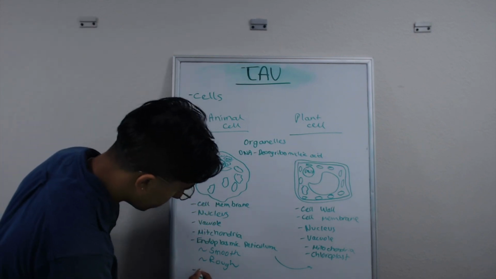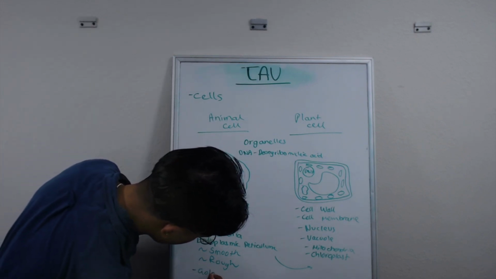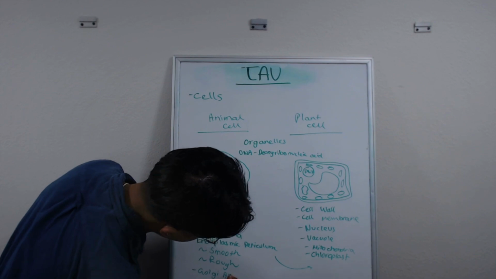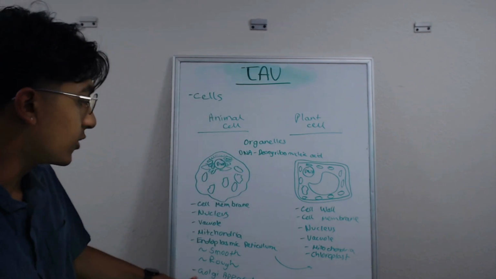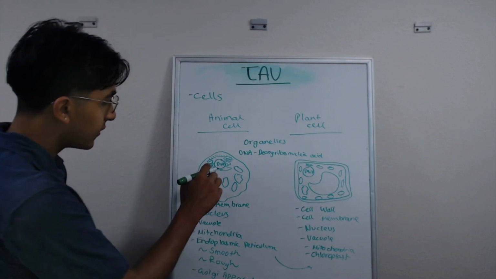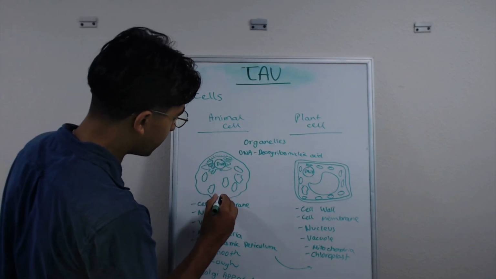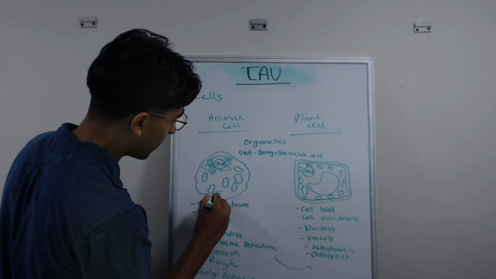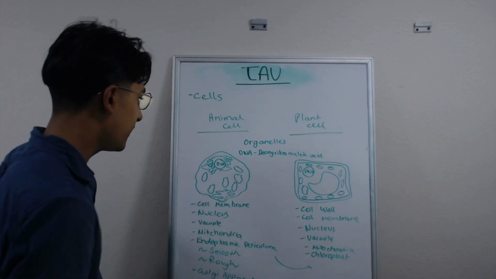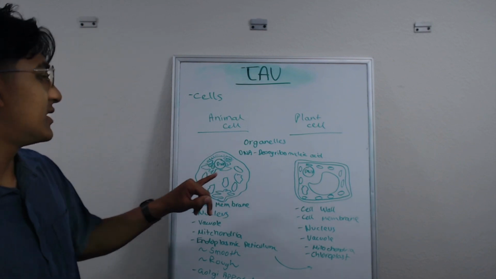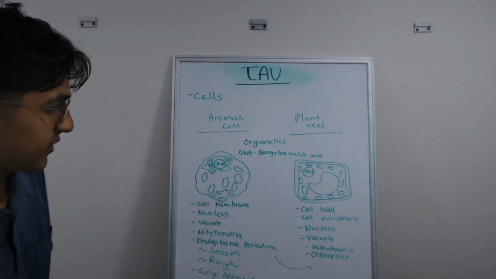After this, there's one more called the Golgi apparatus. Okay, the Golgi apparatus. Golgi apparatus also looks pretty similar. It's something like that, right? And we'll also get to its function right after this.